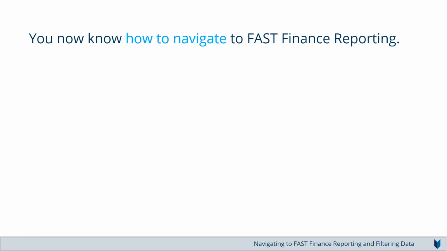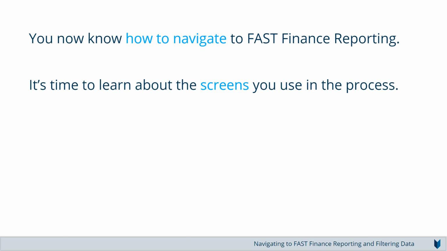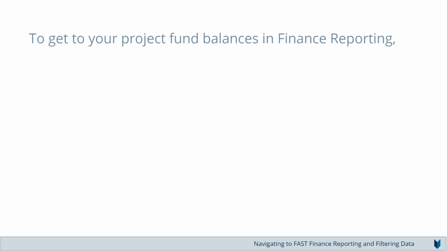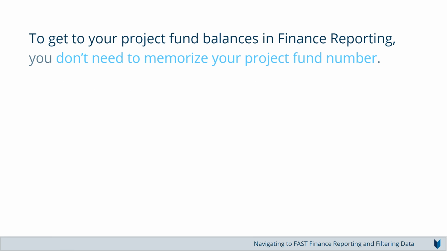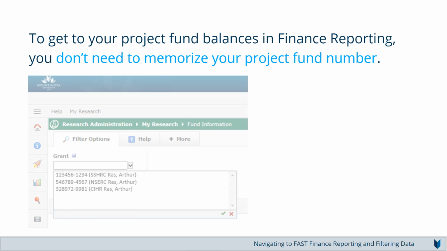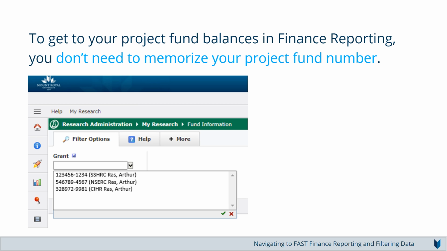Now that you know how to navigate to finance reporting, here are some important details about the screens you navigate to within that process. Importantly, you may have noticed you will not need to memorize your project fund number. In the drop-down menu in the Grant Details screen, you will see all the project fund numbers that you have access to in FAST Research.